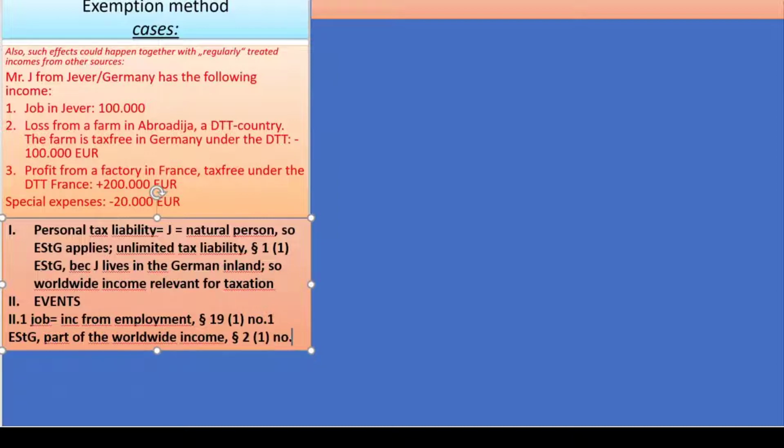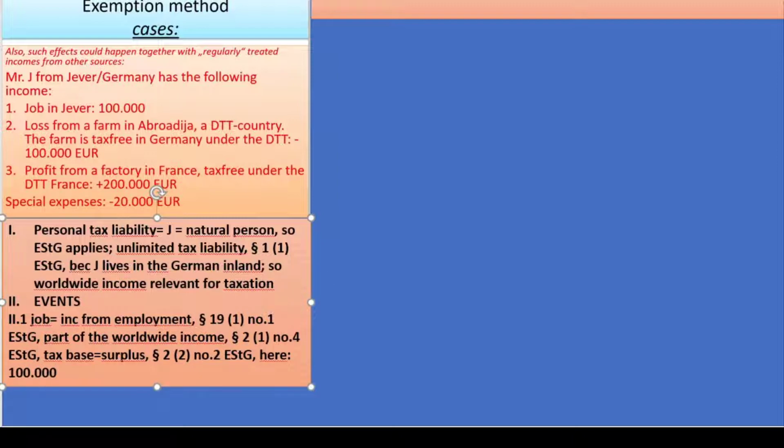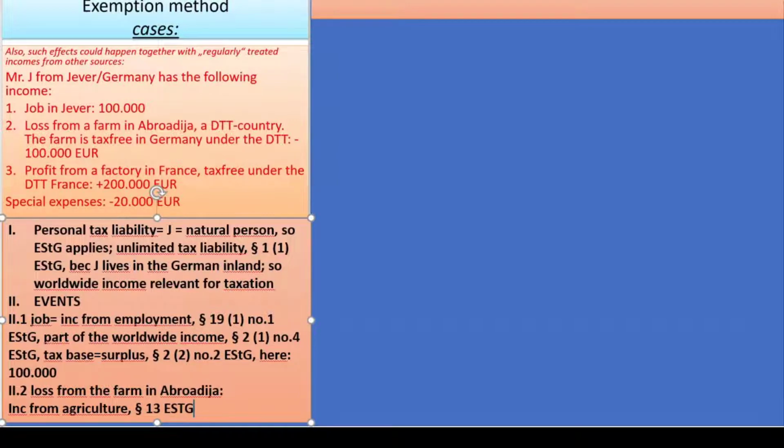2.1, number 4 ESTG. Tax base, the surplus of revenue over expense, to number 2 ESTG, and that's here given with 100,000, so he has a good job. Congratulations. Loss from the farm in Abrodia. That's income from agricultural and forestry activities, paragraph 13 ESTG.